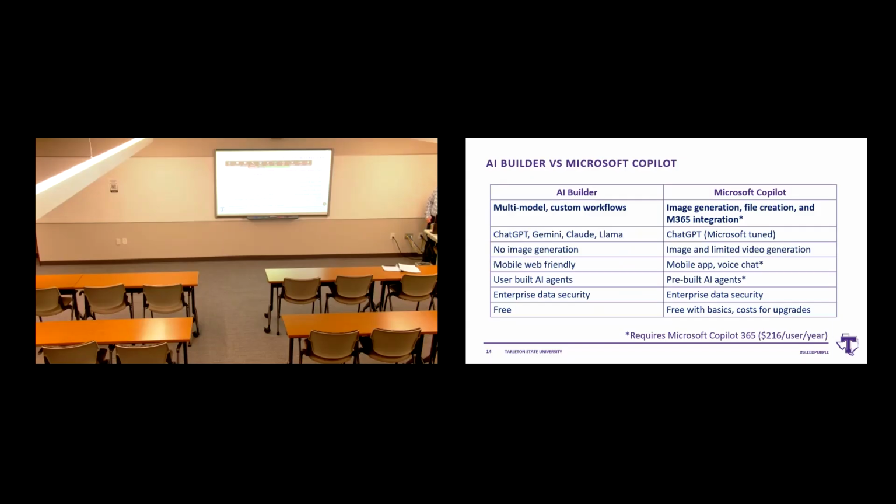These are tools that they just can't do inside of AI Builder. So if you need to build an image, you can go over to Copilot. If you need to edit a PDF and have it spat back out as a PDF, you need to go over to Copilot for that. But you're going to have a lot better time in terms of your chats and your responses working with the AI Builder and the various models they have available over there.